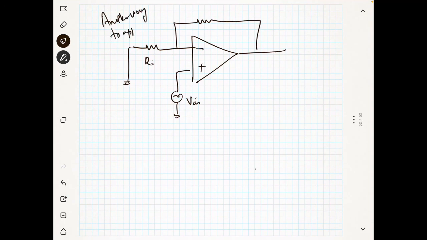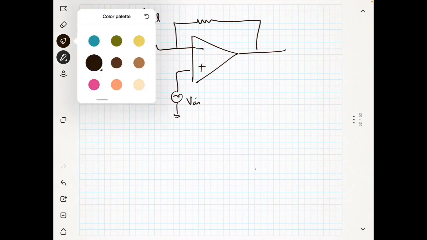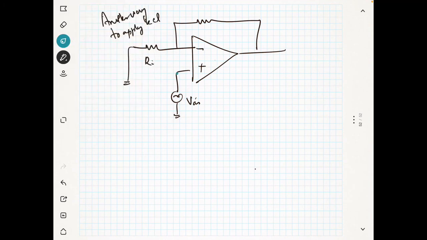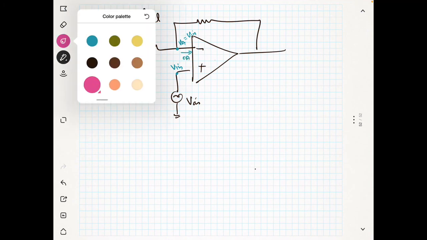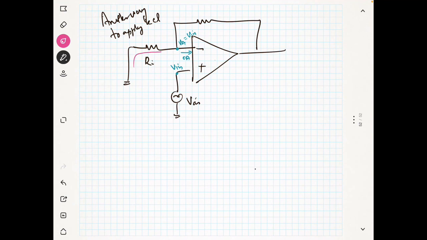Now you see here, this is V in, so this voltage is V in, and this also is VA, which is equal to V in. Now you can assume that there is no current here, this is 0 ampere. So whatever current is coming from here will be going like this, right?